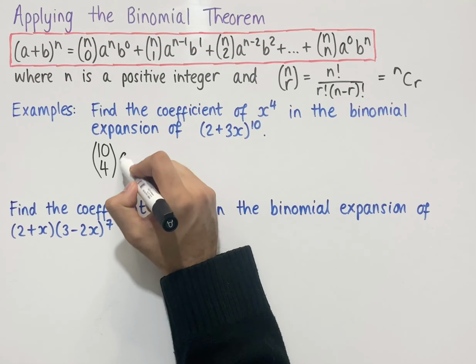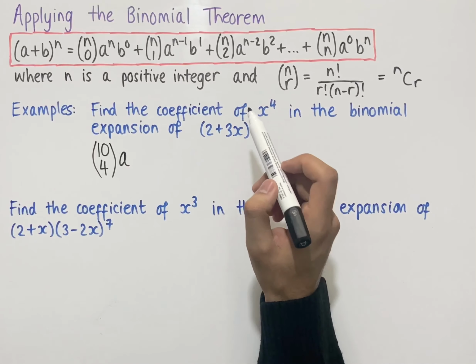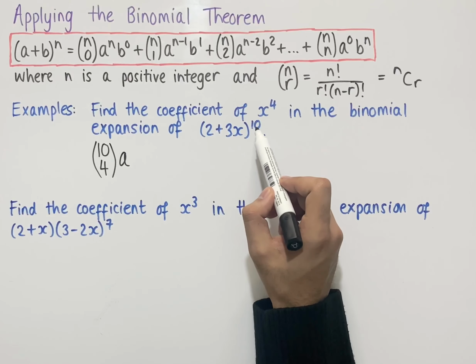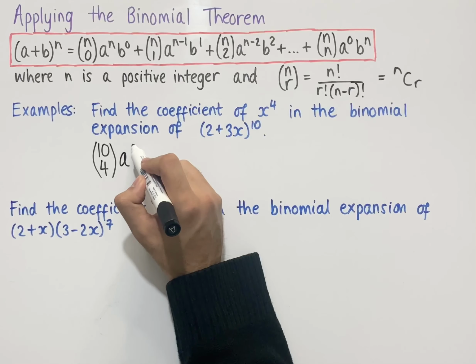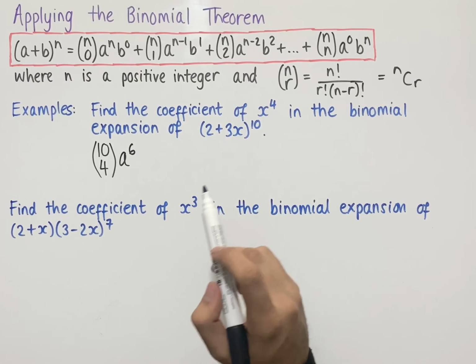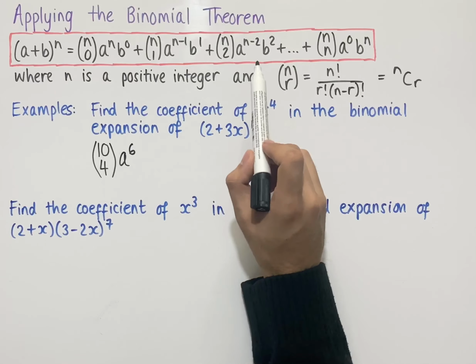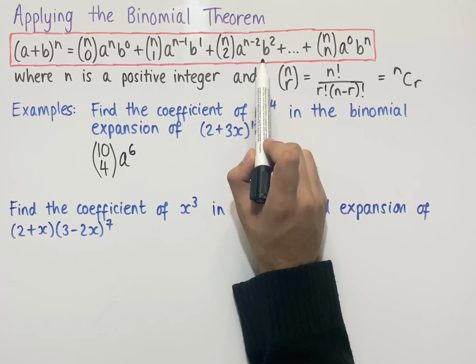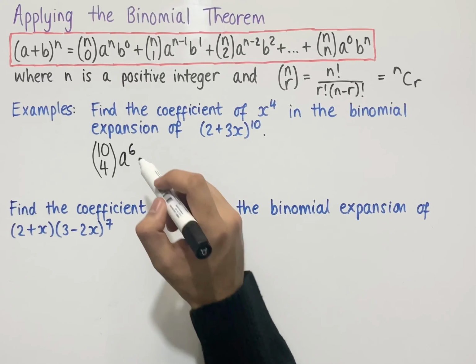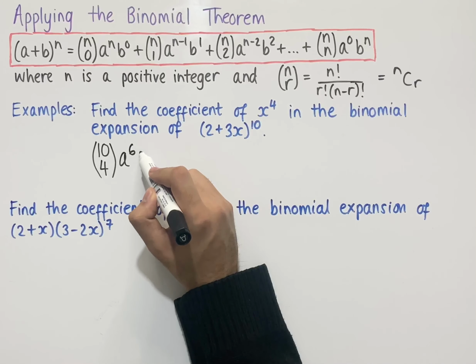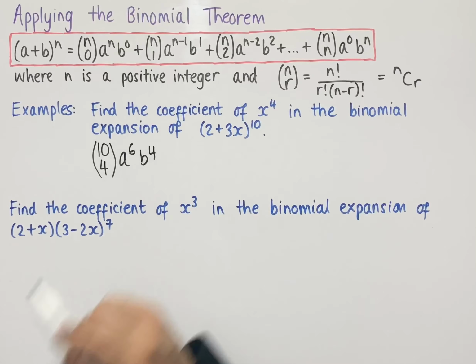In this case, we have a to the power of 10 minus 4, since our n is 10. So 10 minus 4 gives us 6. And then we're left with b to the power of 4 as well, since we're choosing the fourth term.